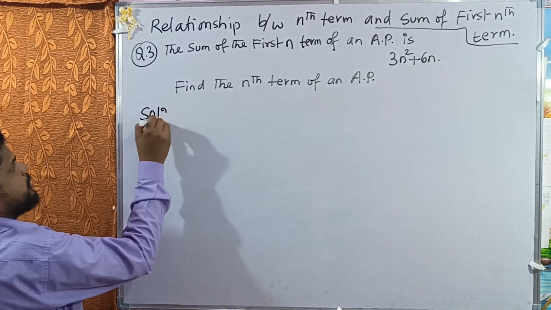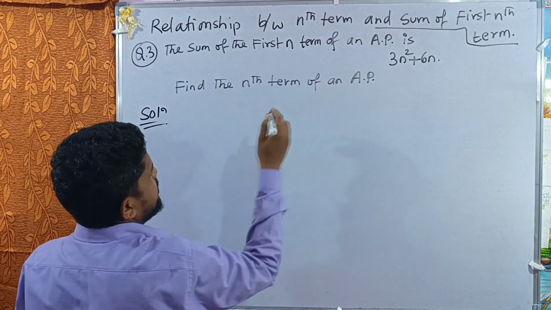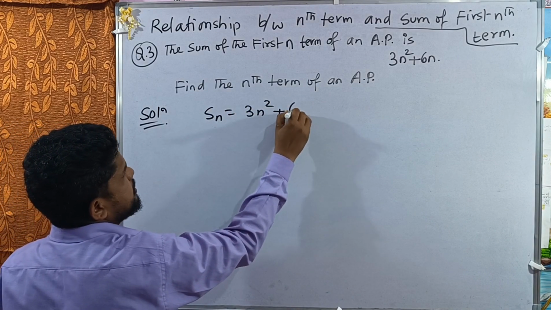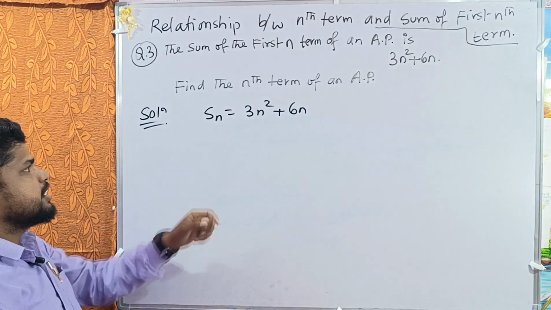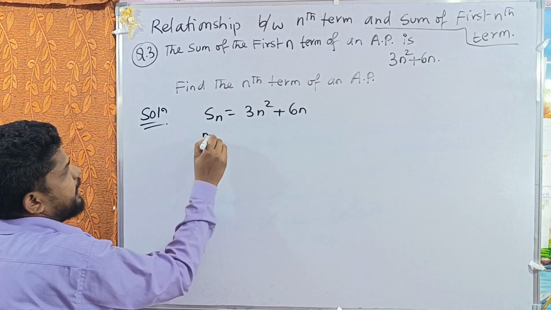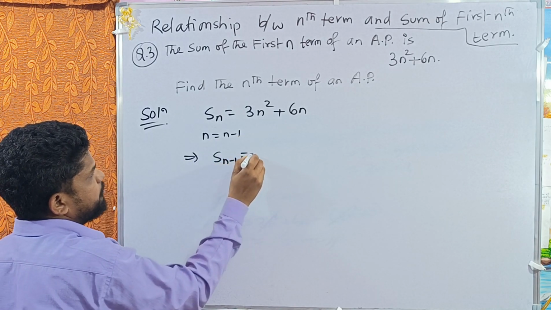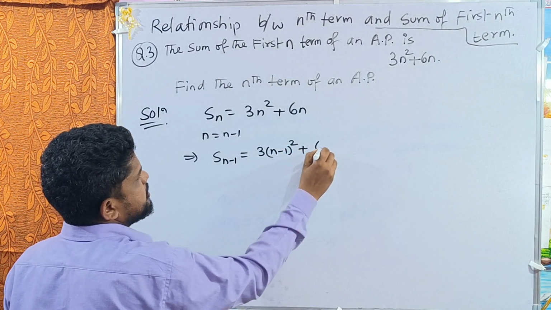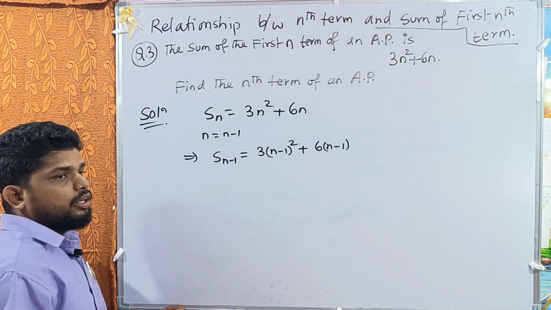Now see dear students, the solution for the question is: we are given the sum of the first n terms, that is Sn = 3n² + 6n. So the sum of the first n − 1 terms, if we replace n with n − 1, will be 3(n − 1)² + 6(n − 1).